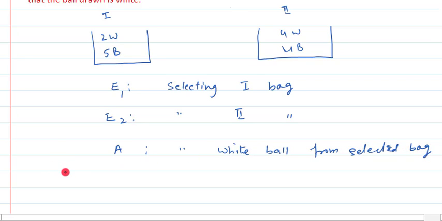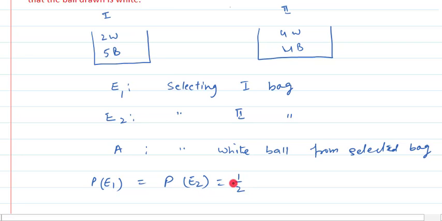So first of all we need to calculate P(E1) and P(E2). As the chances of selecting the two bags are equal, we can write P(E1) is equal to P(E2) is equal to 1 by 2.